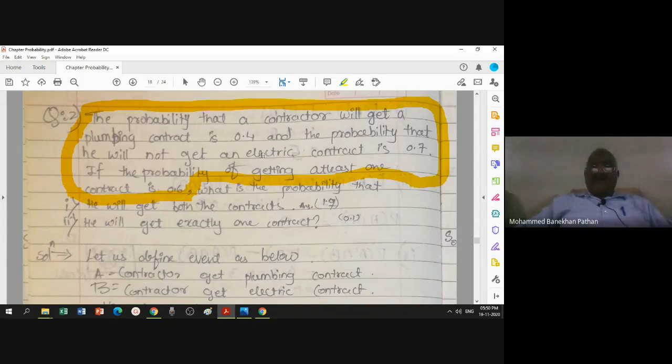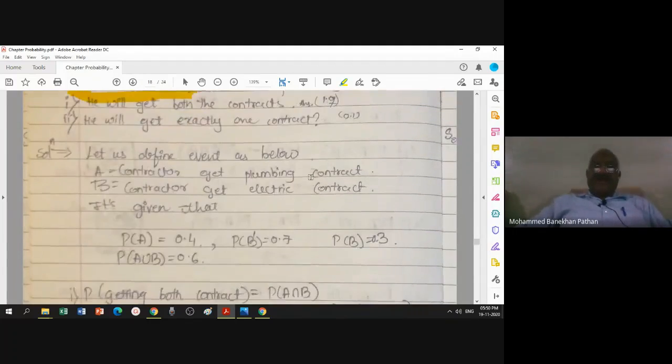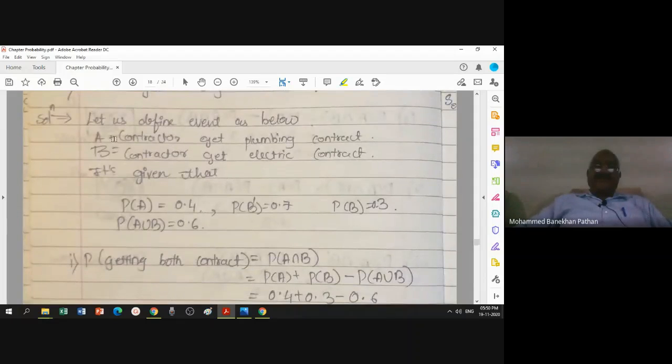Number 1, regarding the plumbing contract. Number 2, regarding the electric contract. That means the question has information of two events. So I will start the solution by defining two events.